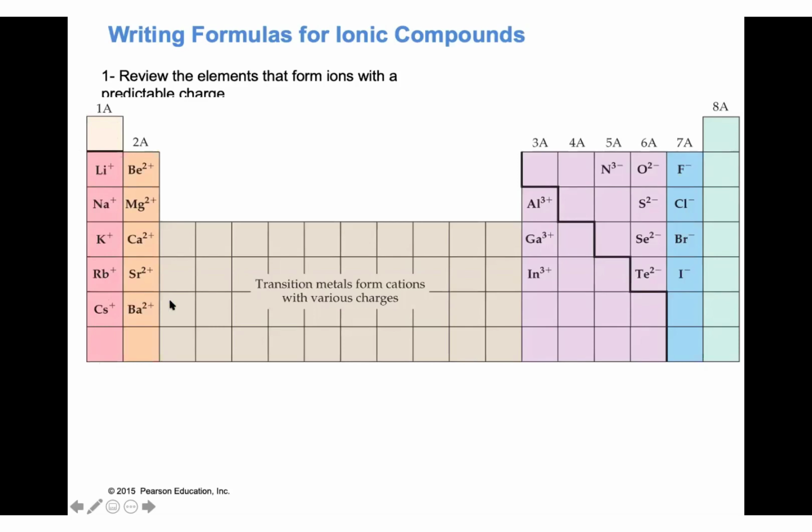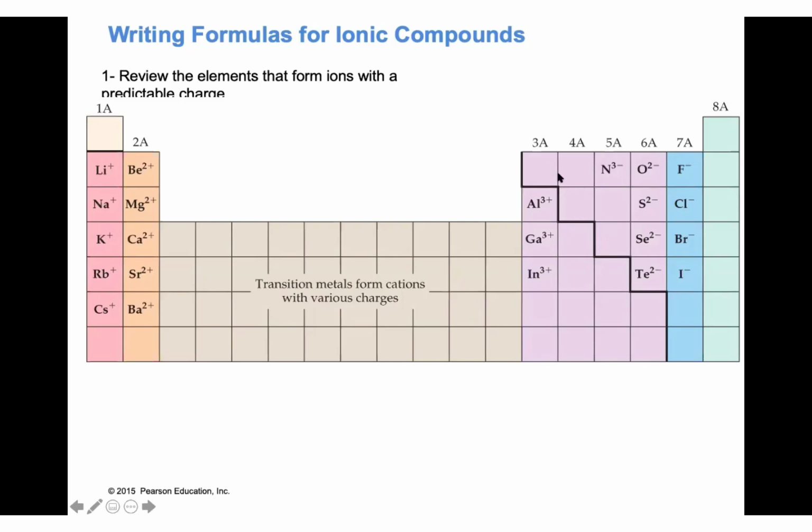Group 2A always makes a 2 plus charge in a compound, of course. Alone they don't have a charge, but when they come in a compound, they make these charges. So we are basically talking about the charge of these elements inside a compound.